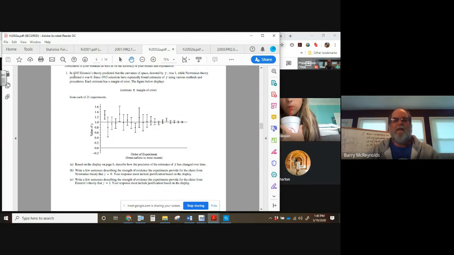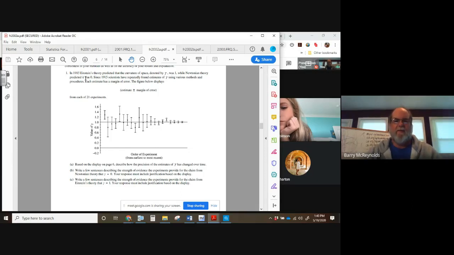He came up with this idea that space is curved by gravity, and the amount of curvature he gave a name, gamma, and he said it was equal to 1. Newton's theory said this value is obviously 0, because with Newtonian physics, space doesn't bend.